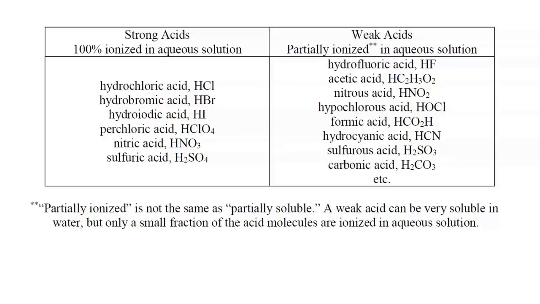Note, partially ionized is not the same as partially soluble. A weak acid can be very soluble in water, but only a small fraction of the acid molecules are ionized in aqueous solution. So examples of weak acids include HF, HC2H3O2, HNO2, etc.